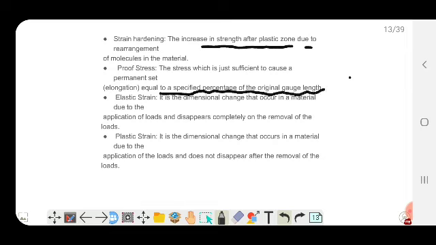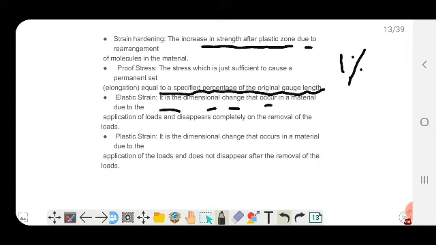For elongation we have taken the gauge length to be 5.65 root A. Then we fix a particular percent, that is 1% in the graph. So it is the stress required to produce 1% strain, or to increase the length by 1%.